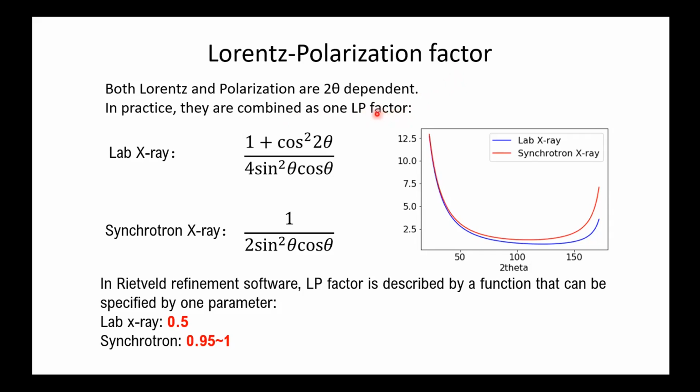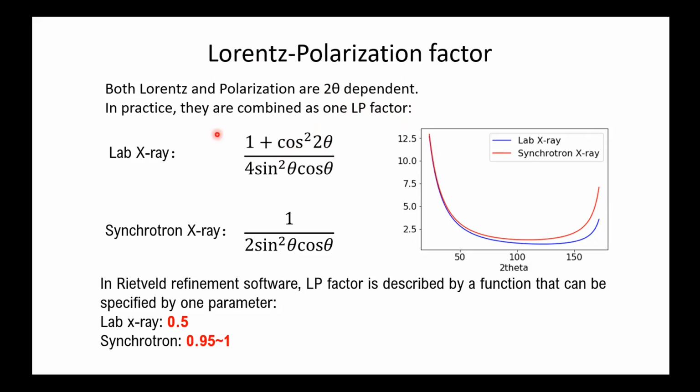As we went through in the previous slides, it has two contributions, both from the polarization of the beam and from the diffraction geometry explained in the Lorentz factor. So the Lorentz polarization factor is simply a combination of these two, since they are both two-theta dependent, and you can still see this kind of term, which might sound familiar to you, right?